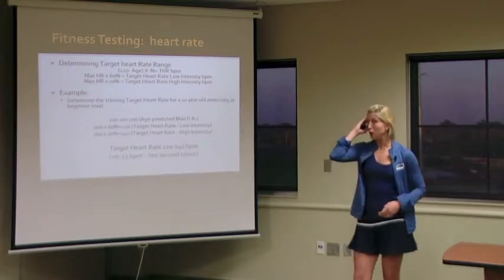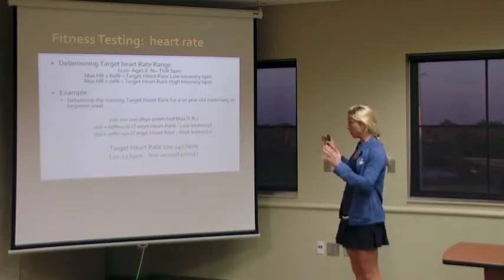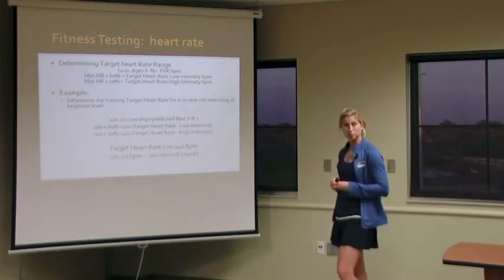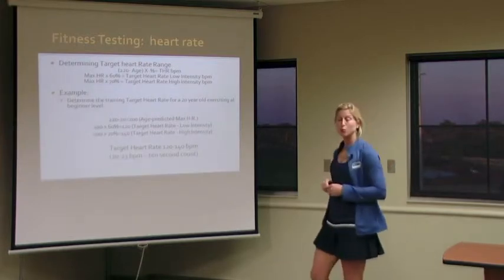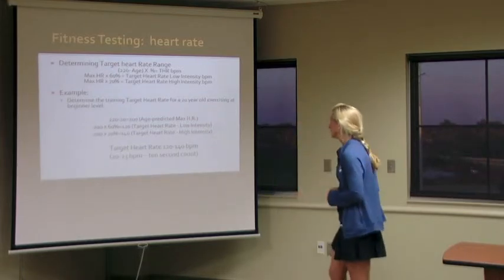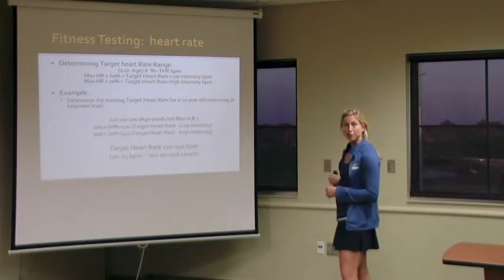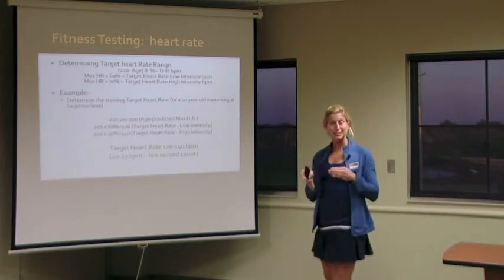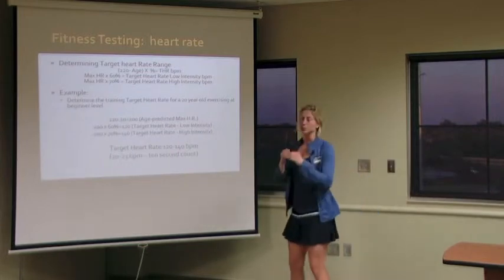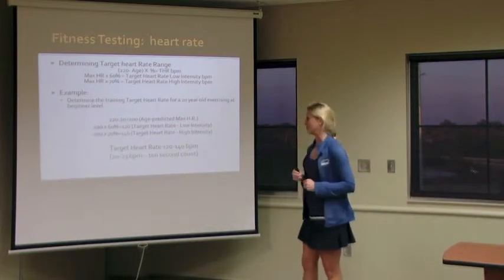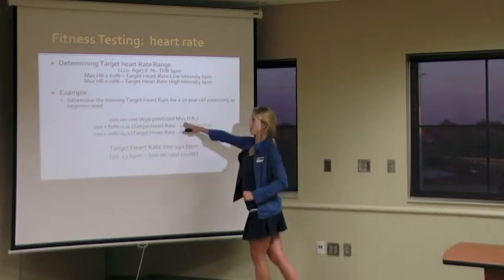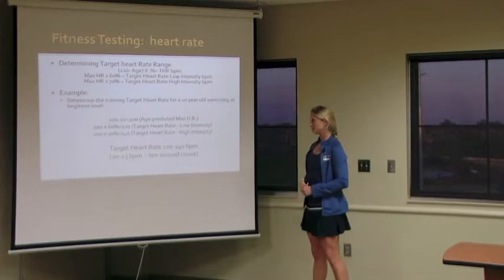Now, an example of how to work out the math of this, we will use a 20-year-old. We will subtract 20 from 220 to get their age predicted max heart rate. They are a beginner, so we're going to work out between 60 and 70% of their max heart rate. So 200, which was the age predicted max heart rate, times 60%.